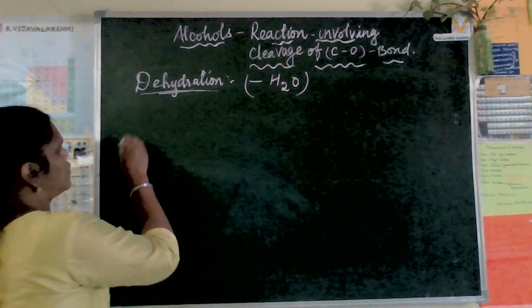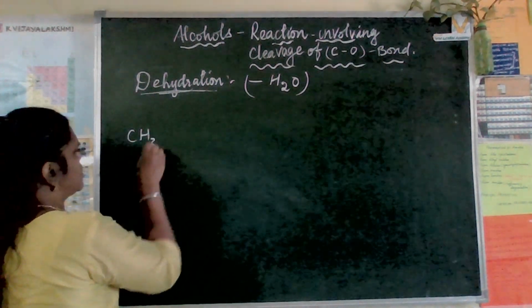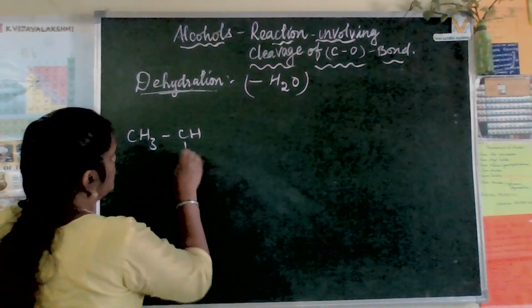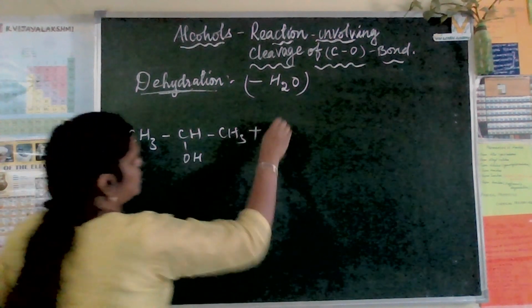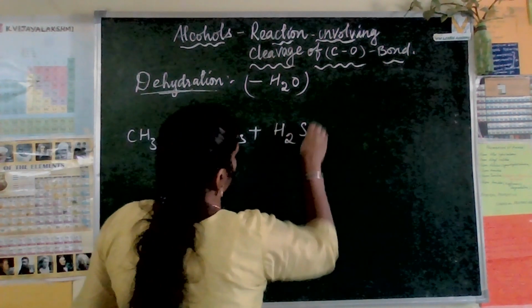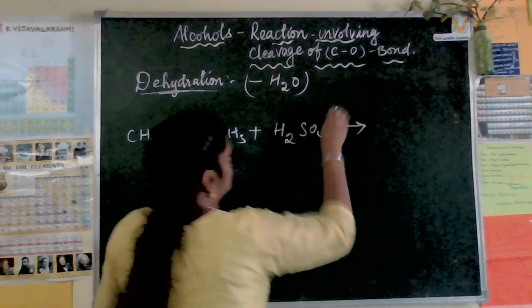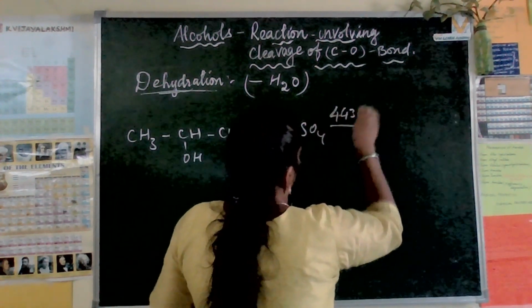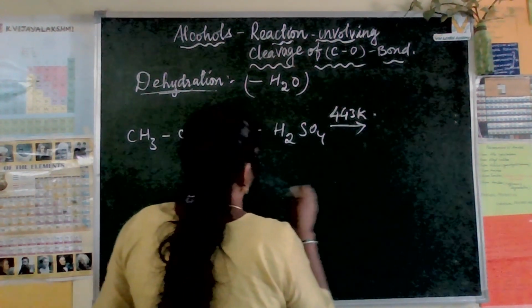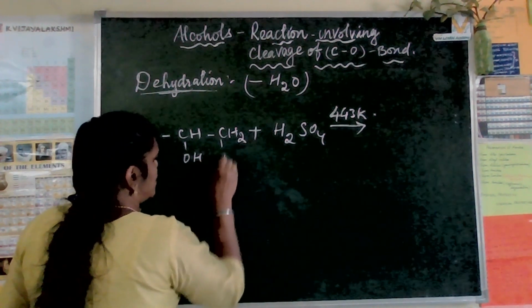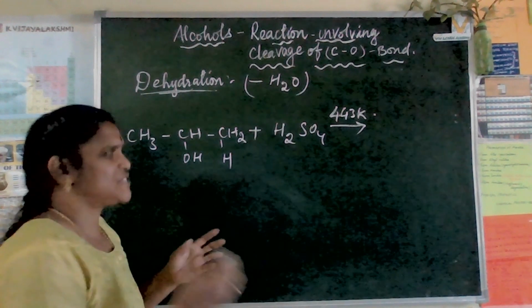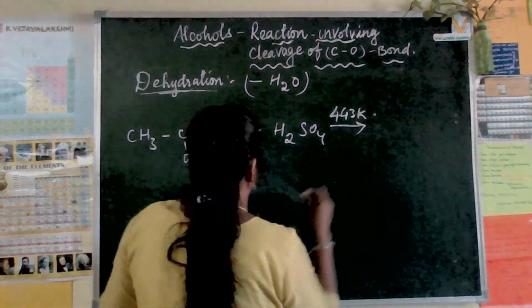Let us go for CH3CH(OH)CH3 combined with H2SO4 at 443 Kelvin. What will you get here? I put H2 here, one hydrogen, just to rearrange it so you get the product very easily.